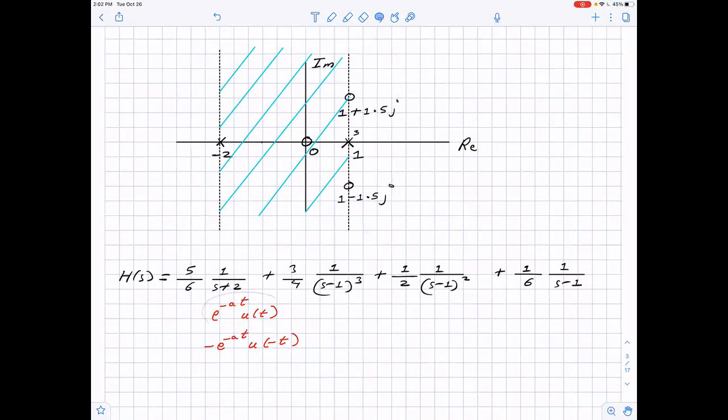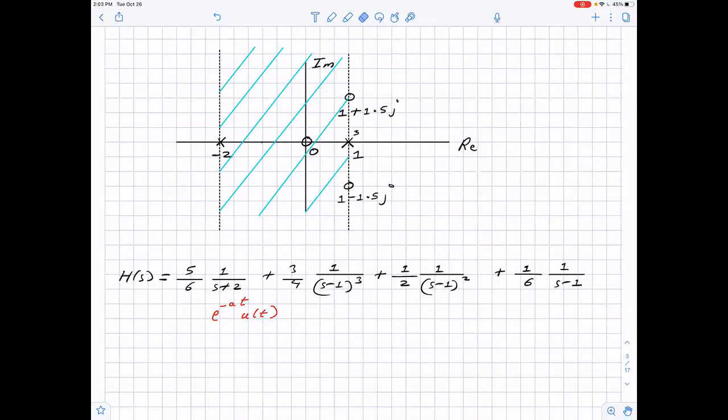That means we have to pick this option for 1 over (s + 2), because we need to have some overlap with the ROC of H(s). The ROC of this would not overlap with the ROC of H(s). The ROC of this does overlap with the ROC of H(s), so we consider the first option.